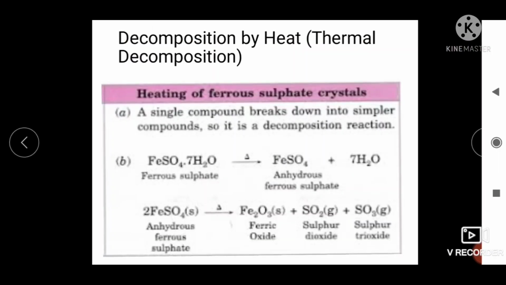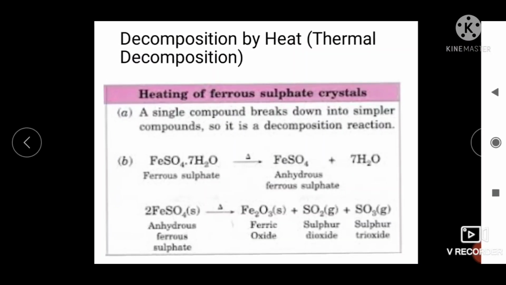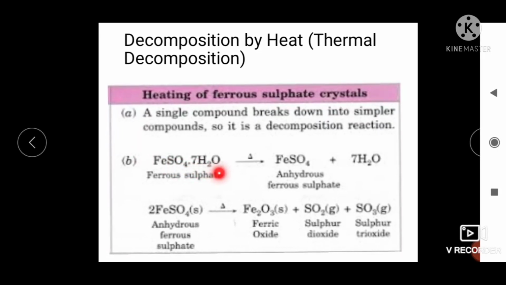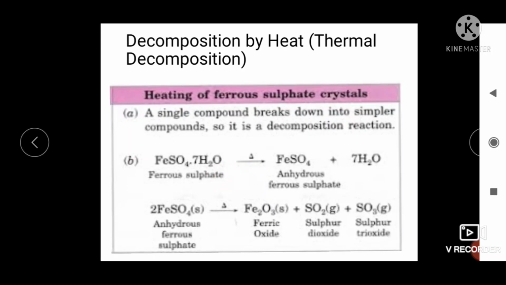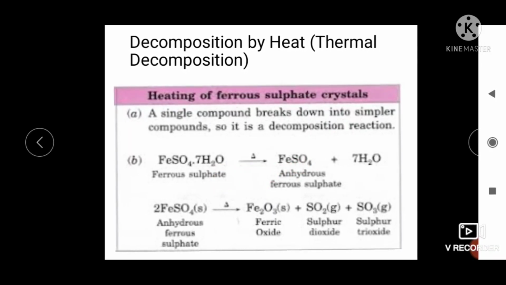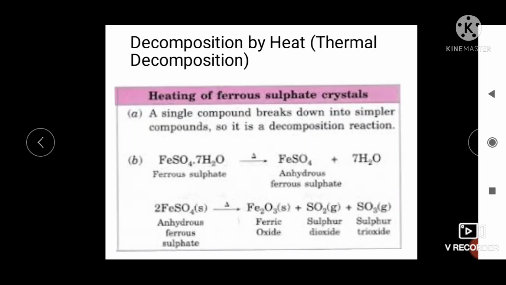Actually, the chemical formula of ferrous sulfate is FeSO4·7H2O. Upon heating, it becomes FeSO4, that is anhydrous ferrous sulfate. When heated, it loses the molecules of water. The reaction in which a hydrated salt loses molecules of water of crystallization is known as dehydration reaction.